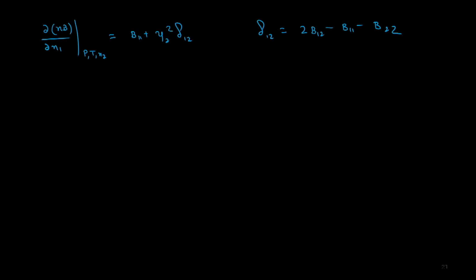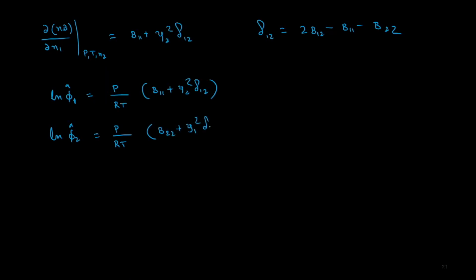And once we have this value, I can easily write ln phi 1 hat. This is P over RT times the derivative of nb with respect to n1, which is b11 plus y2 square delta 12. And ln phi 2 hat is going to be P over RT times b22 plus y1 square delta 12.